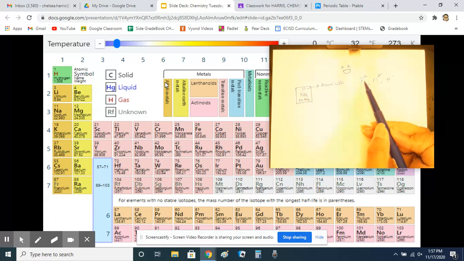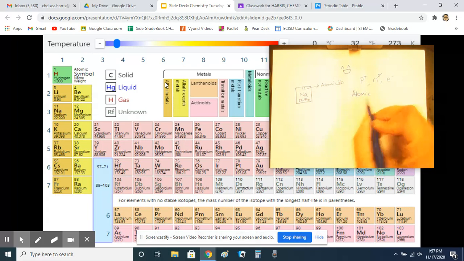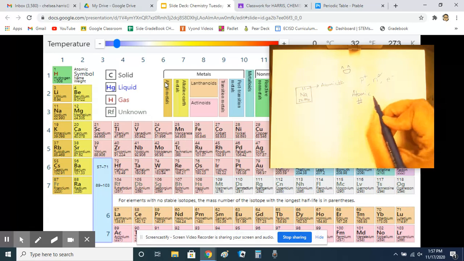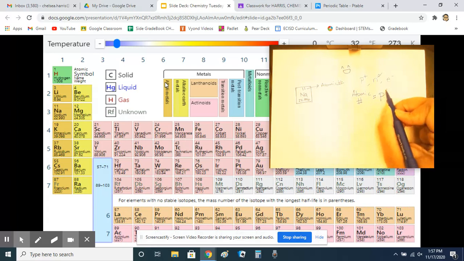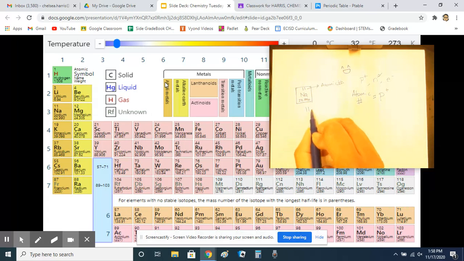When it comes to the protons, your atomic number is going to be the number of protons. The atomic number equals the number of protons in an atom of the element. So, for example, since the element sodium has an atomic number 11, that means that sodium has 11 protons.